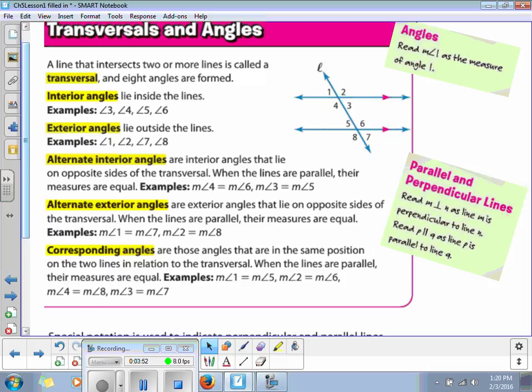A transversal is a line that intersects two or more lines. And when that happens, 8 angles are formed. If you look at this diagram right here, line L is the transversal.